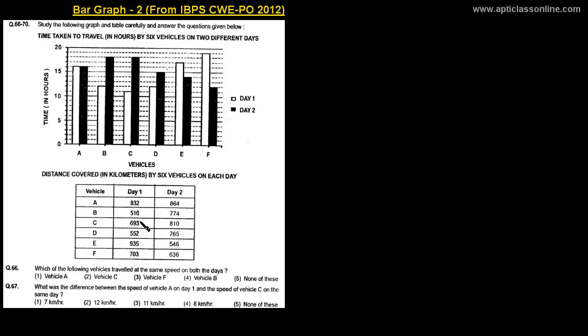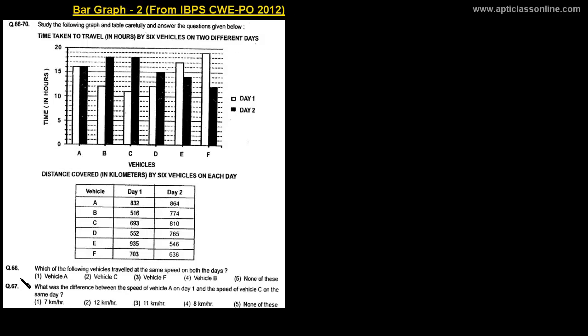The second column is the distance traveled in kilometers for day 1, and the third column is for day 2. For example, vehicle A travels 832 km in day 1 and 864 km in day 2. So once we have interpreted this data, we can answer the questions.